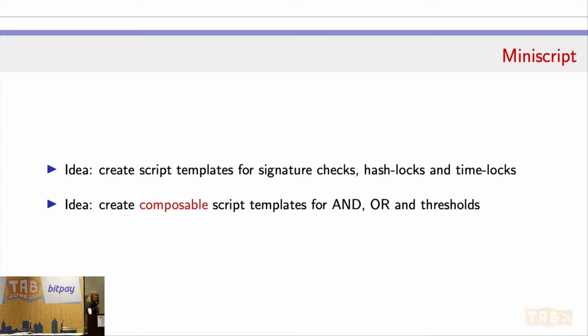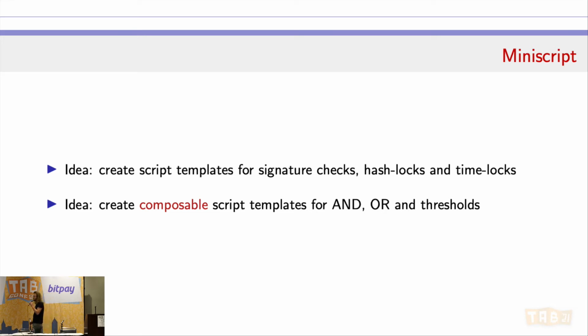So the technical idea behind Miniscript, and I'm going to have some pictures for the next couple of slides, so this will maybe be easier to see, is that we could take all of the little things that you can do, all the individual functionalities of script that people use in practice, which are signature checks, hash checks, and time checks, basically.